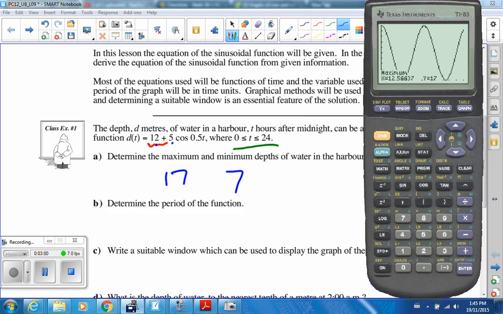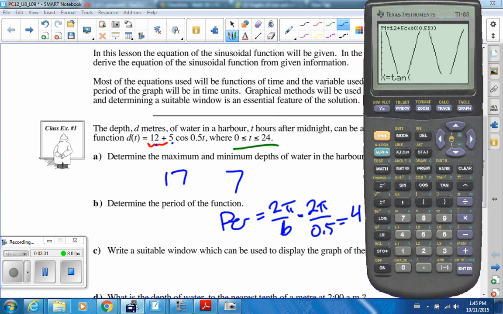Period of the function, I just have to look on here. Again, I can find it from minimum to minimum, but I can also just use that my period equals 2 pi over my b value, which in this case is 2 pi over 0.5, which would be 4 pi.